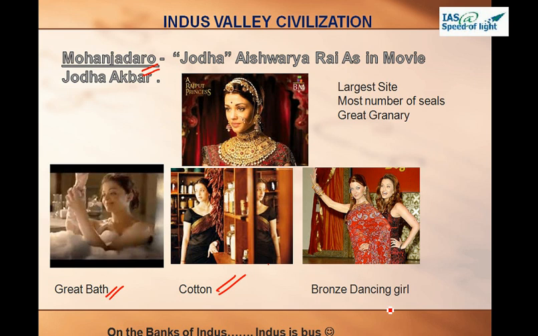So see here, Aishwarya Rai is standing with her statue, right? And this is a bronze statue, a bronze dancing girl. So the third information we are linking with Aishwarya Rai is the bronze dancing girl.